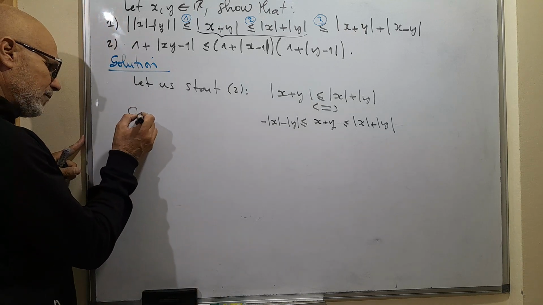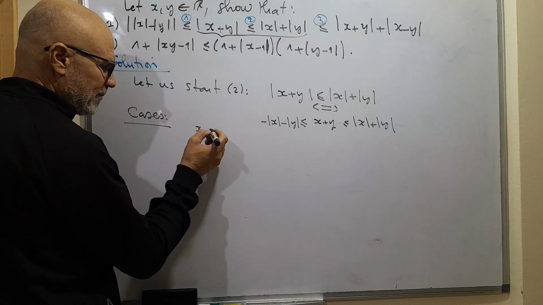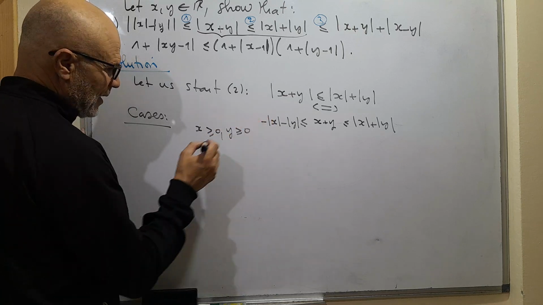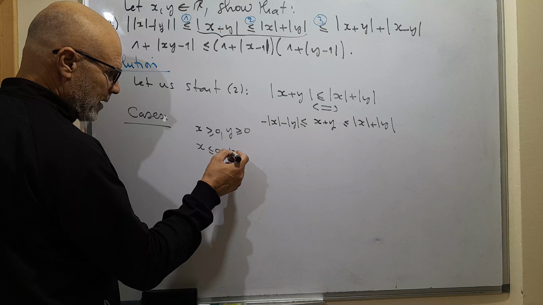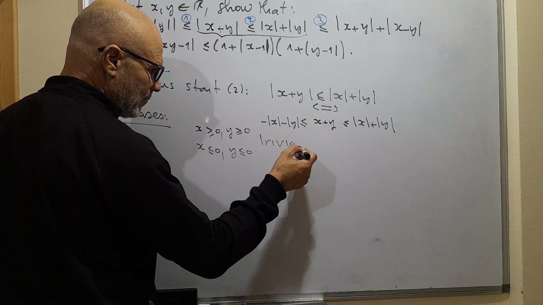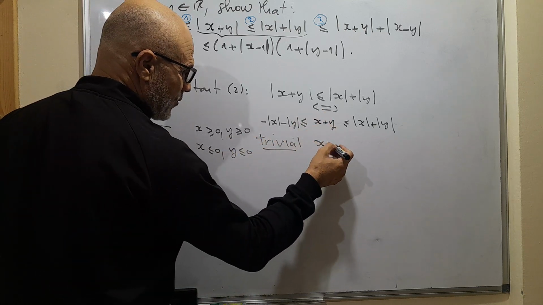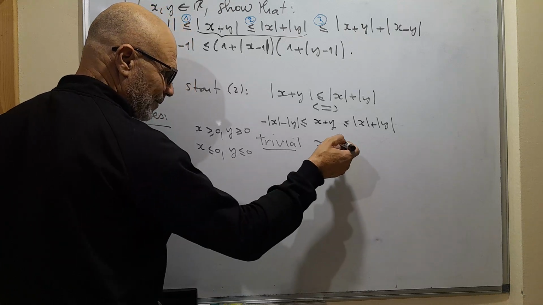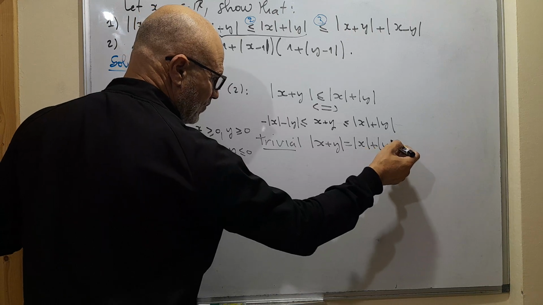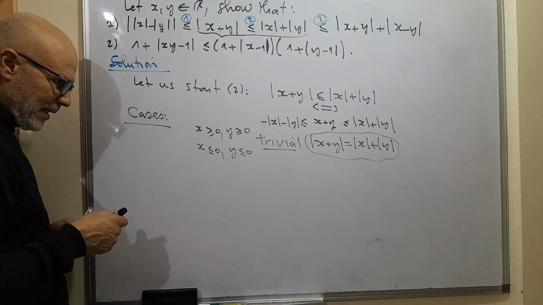Cases: if x is greater than or equal to 0 and y is greater than or equal to 0, or x is less than or equal to 0 and y is less than or equal to 0, it is trivial, since we have x plus y in these two separate cases.